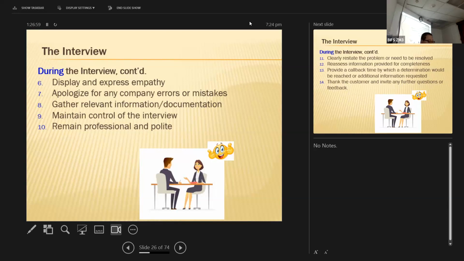In collections, we have labeled some of the different types of customers, and that type of customer comes under the term terrorist. Some customers are just terrorists. So you have to know who you're dealing with in that instance and deal with it accordingly.